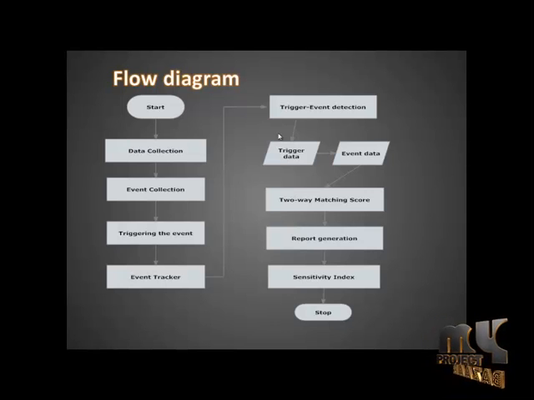Each trigger data value is searched for fluctuation greater than the specified trigger data threshold, and the event data value similarly checks for changes larger than the event data thresholds, and we are going to find the two-way matching score for the trigger data and event data. Two-way matching score means we perform the exclusive NOR operation on both trigger data and event data. Finally, generate the reports based on the collected events.